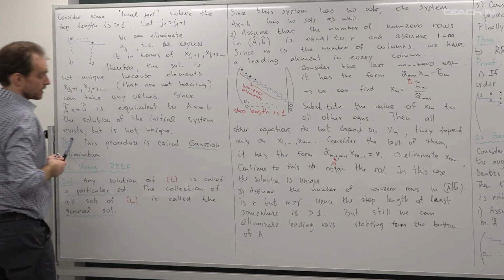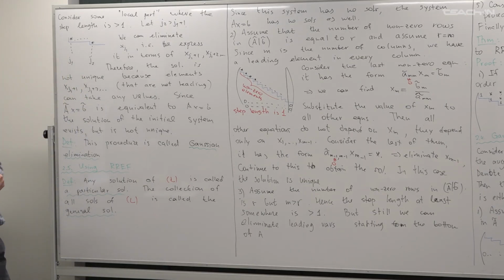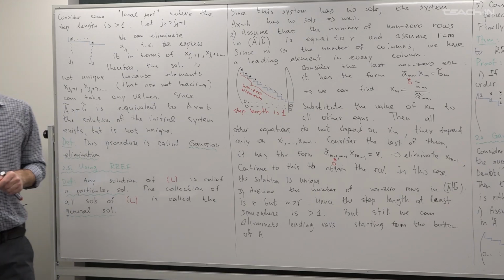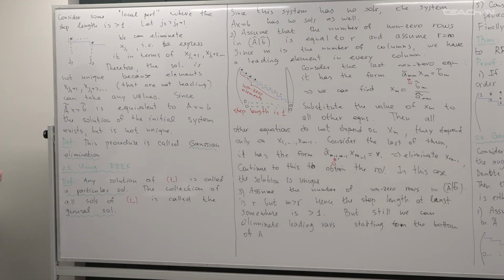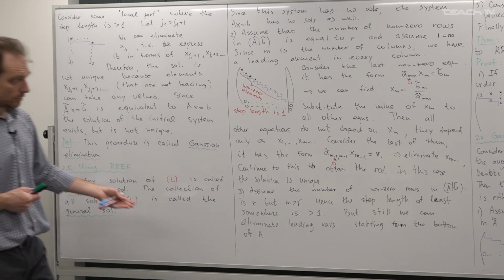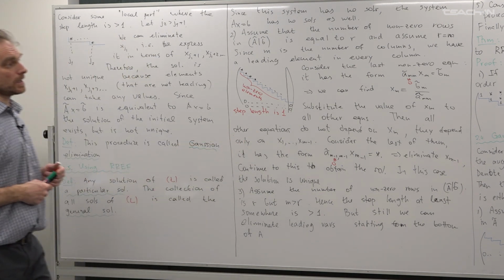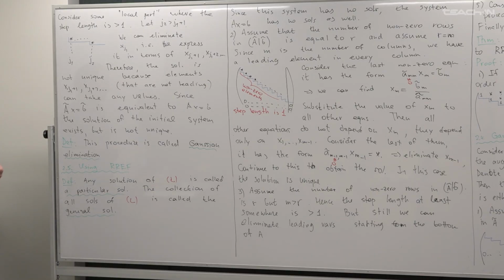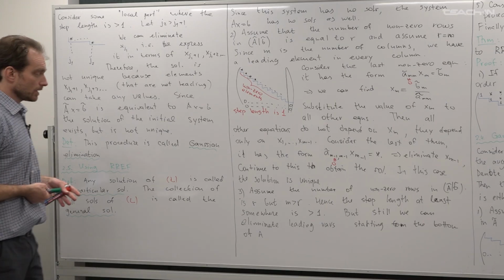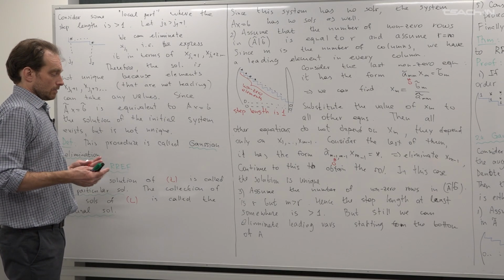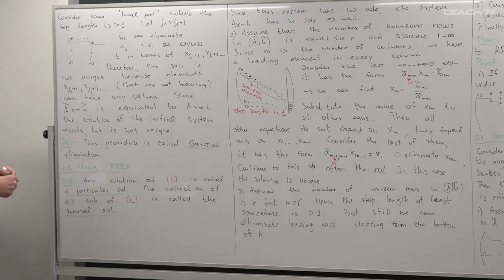Sometimes the general solution consists of only one particular solution. This happens when the solution is unique, as we've seen before. But in general, the general solution consists of an infinite number of particular solutions, and we just collect all particular solutions in this case.